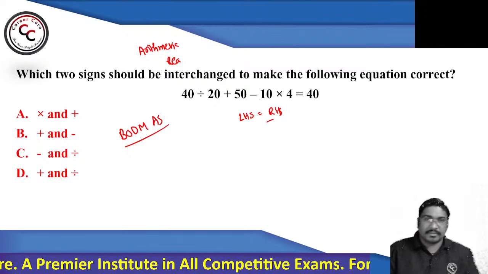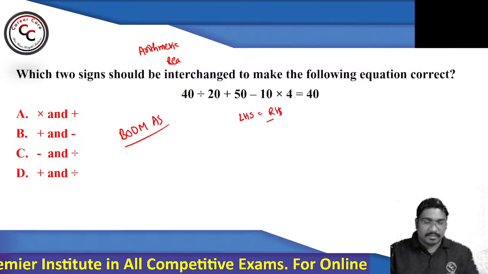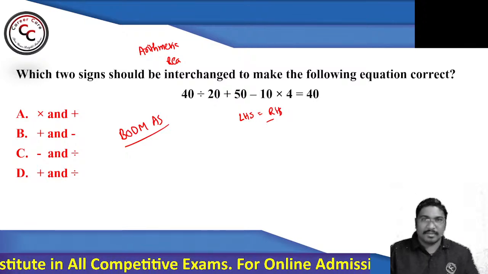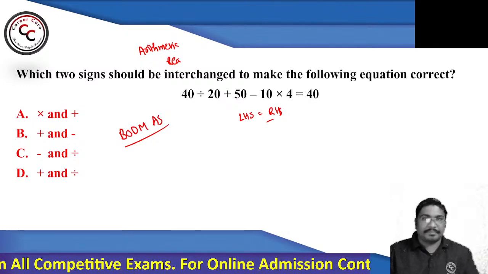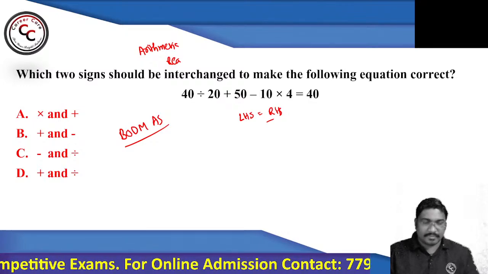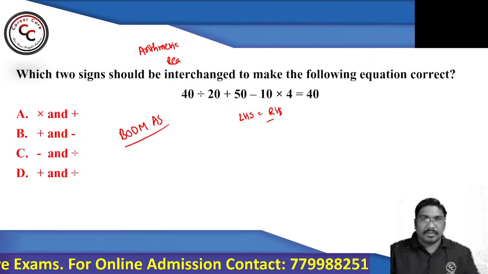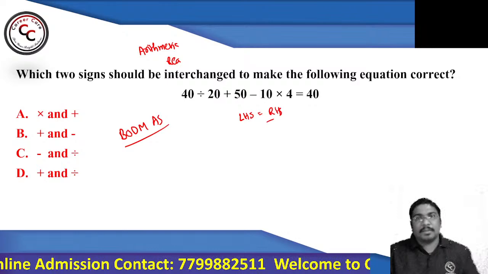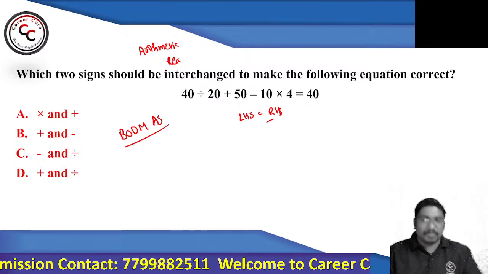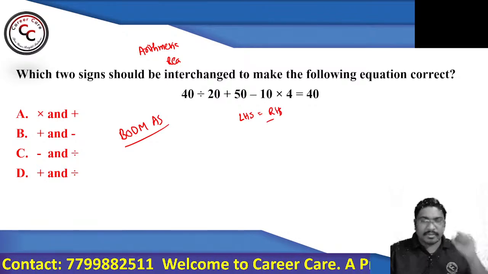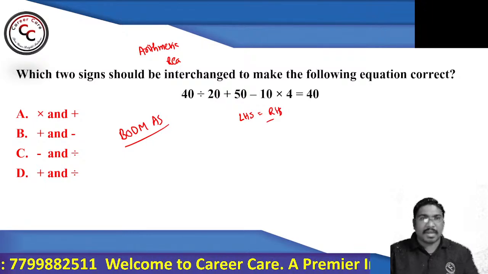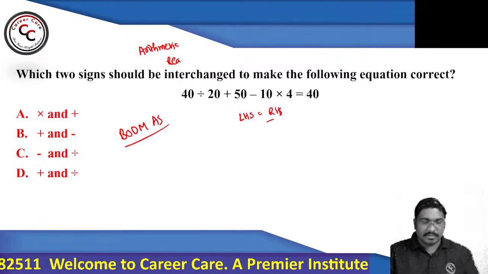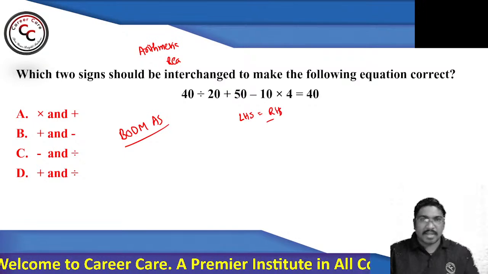That's what the question says. Right? So just see and tell me. 40 divided by 20 plus 50 minus 10 into 4 equals to 40. Veerraju is saying option number C. Minus and divided by should be interchanged. Okay. Any other answer?